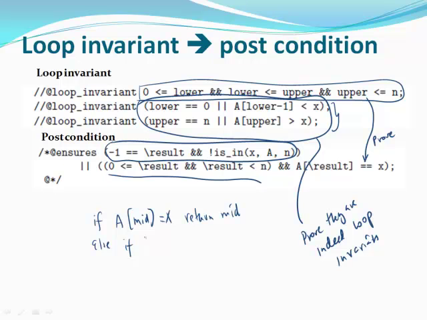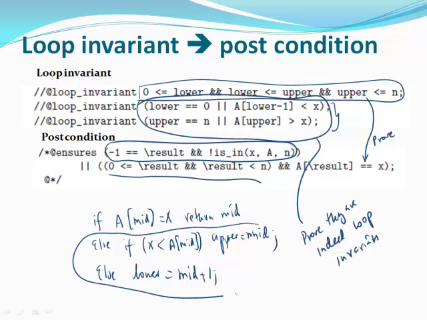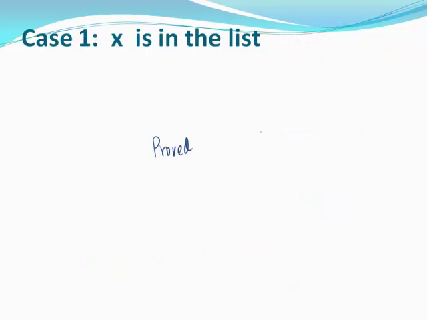Else if x is less than a of mid, what we would like to do is to make upper to be mid, and else we would make lower to be mid plus 1. Now using these two conditions we have here, you should be able to prove the two loop invariants. And so this concludes the lecture on binary search.